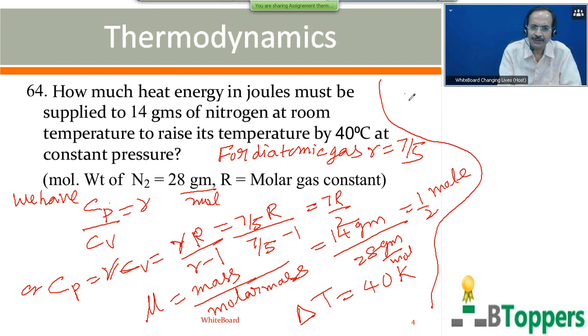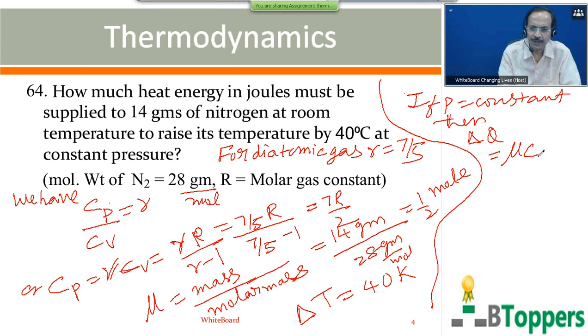So when the pressure of the gas is constant, then the heat energy absorbed by the gas at constant pressure is given by nu Cp delta T. The Cp is the molar specific heat at constant pressure. Here nu is the number of moles of the gas, which is equal to half mole.